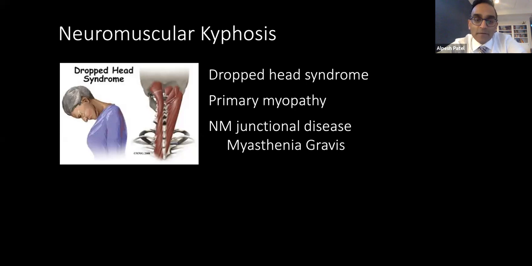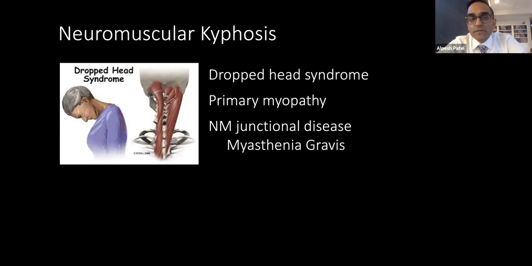I'm surprised it didn't come out of our literature, but it's the neurology literature that talks about dropped head syndrome. This ends up being a problem with either the muscle itself, so primary myopathy, or most commonly a neuromuscular junctional disease like myasthenia. These individuals may start off with relatively normal alignment, but as the day goes along, or as they're asked to maintain their head alignment, they gradually drop their head progressively forward.